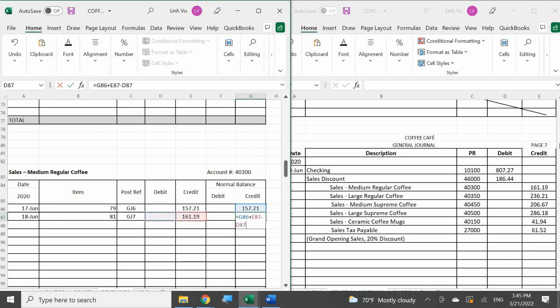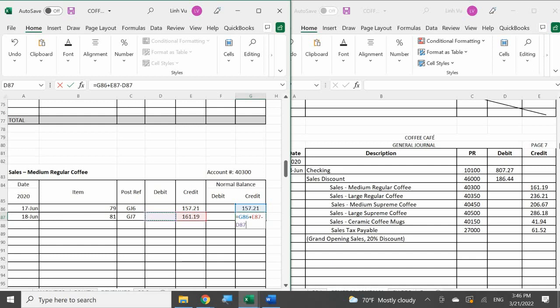In this case, we're going to be on the credit side because it's a sale, right? Normal credit balance. You take your previous balance of 157.21, add your credits of 161.19, and then subtract your empty column on the debit side on the far left.